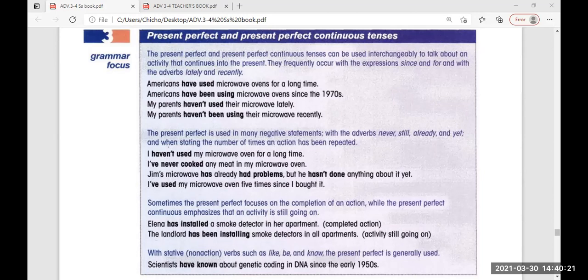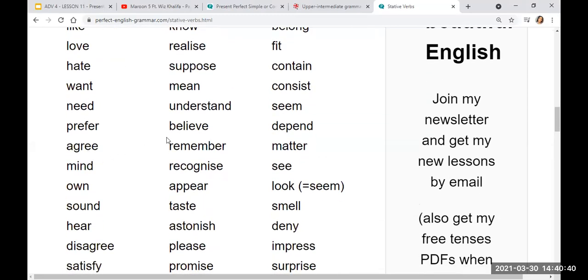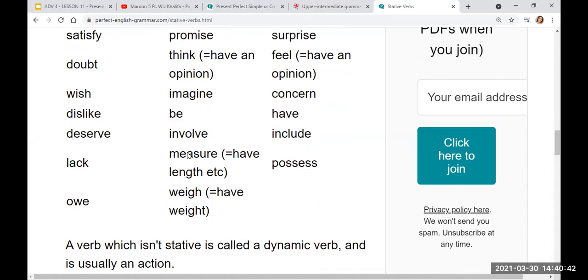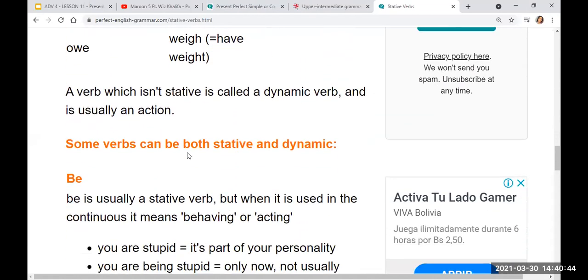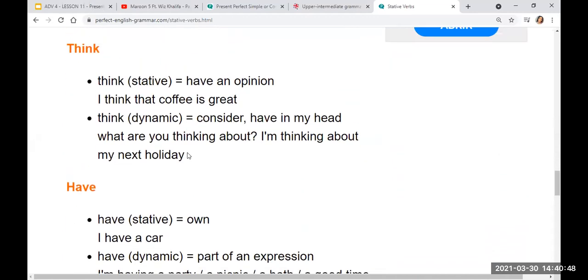Ahora se los muestro, ¿ok? Aquí está. Déjenme mostrarles. Ok. Stative or state verbs, okay? Like, love, want, need, prefer. Generalmente todos estos verbos son los que no podemos utilizar con los tiempos continuos.